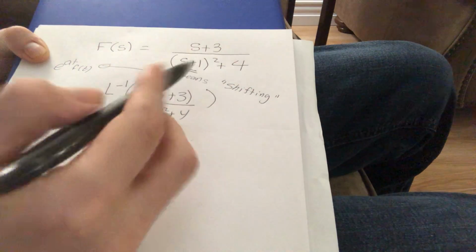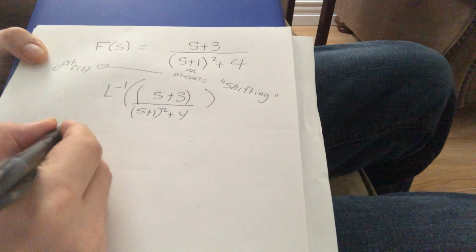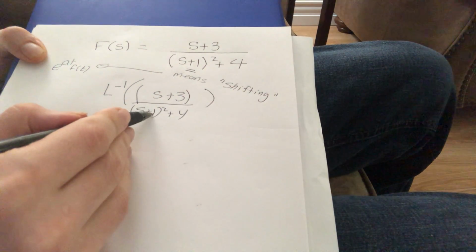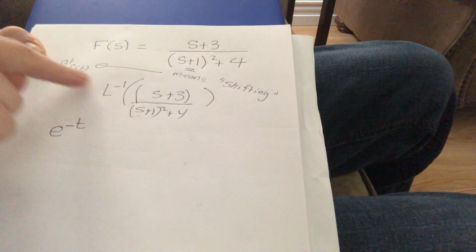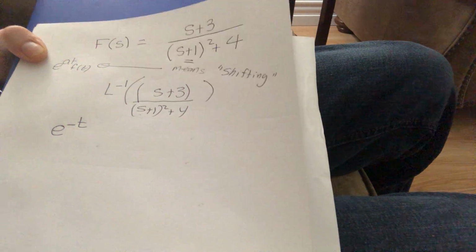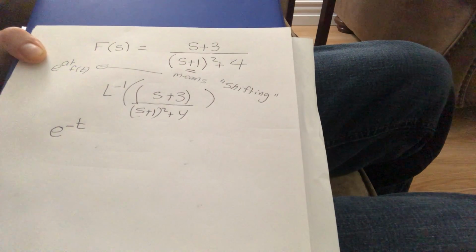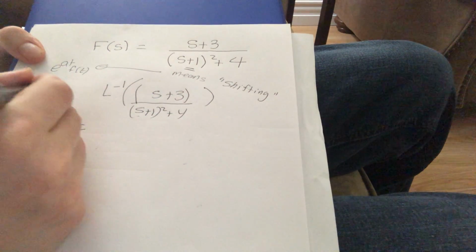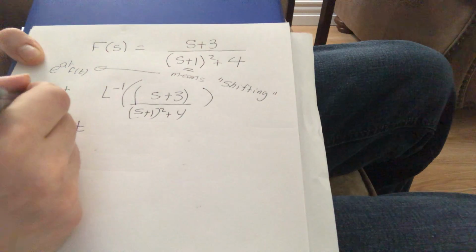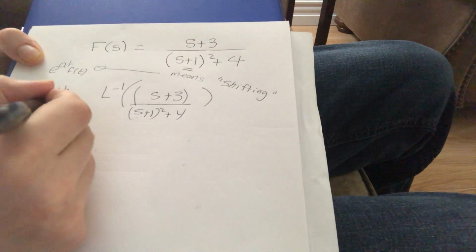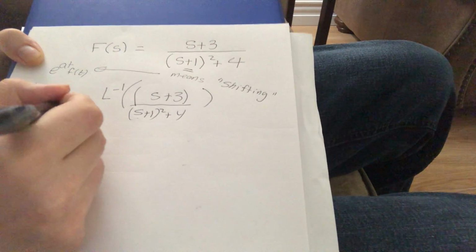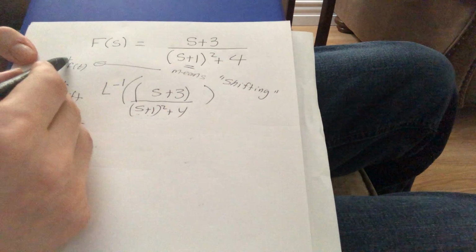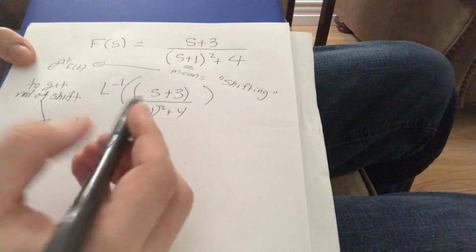So it's 1, so we say it's negative, we need to bring it back 1, so e to the minus 1. So that's the idea of shifting. So this is to get rid of the shift. The plus, so we go back 1, so it becomes e to the minus t.